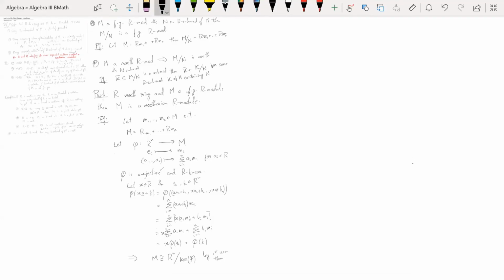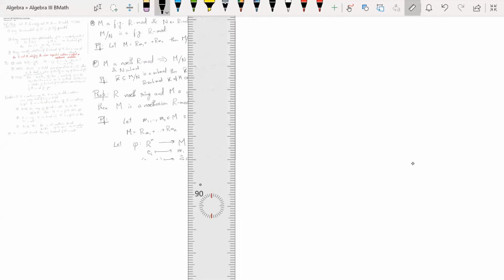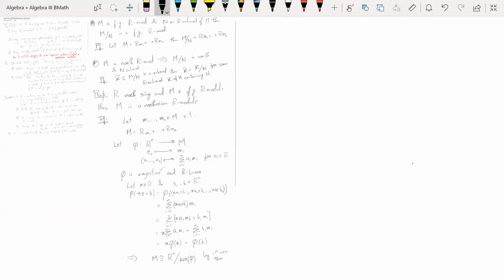So the upshot of this is that it is enough to show R^n is a Noetherian R module for all n greater equal 1.